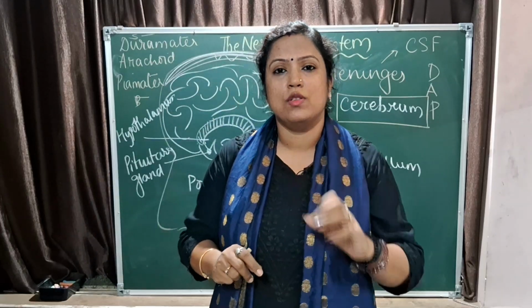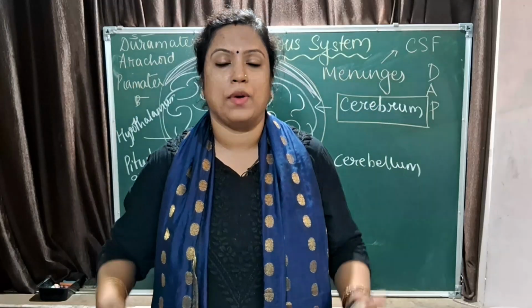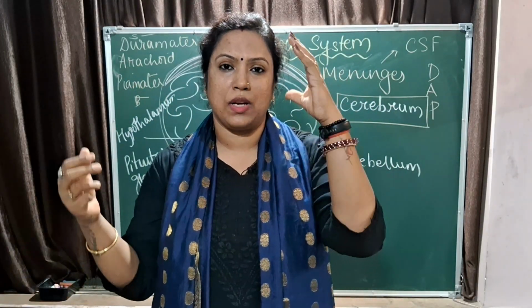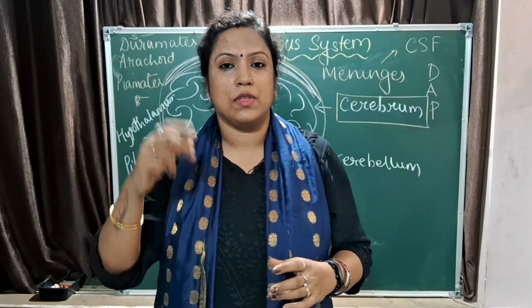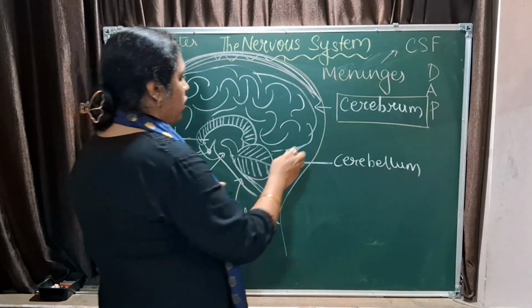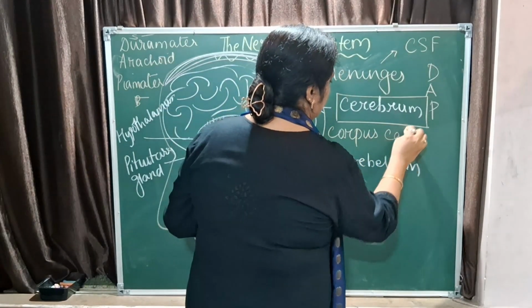Now what does pons do? Pons relates your right part and the left part. You work in coordination, no? You know that you have two parts of the brain, the left hemisphere and the right hemisphere. They are connected by corpus callosum. I have not written it. Corpus callosum.